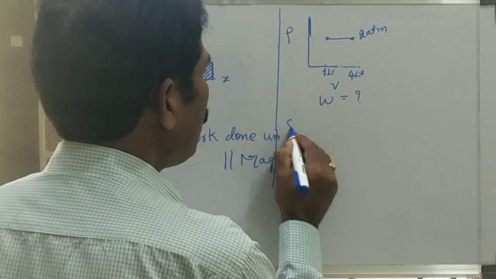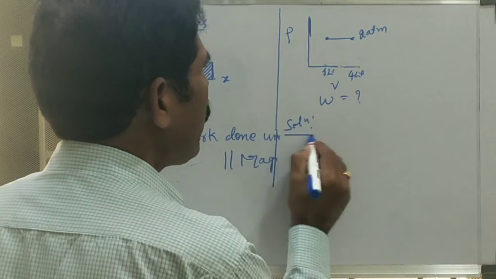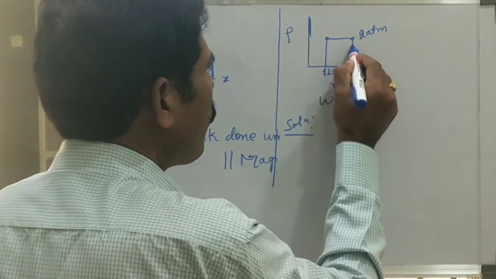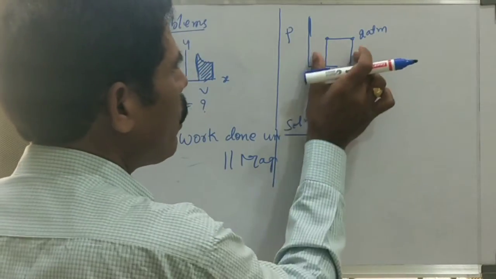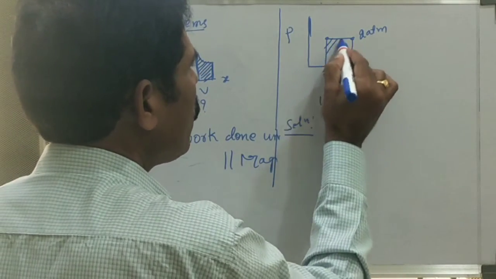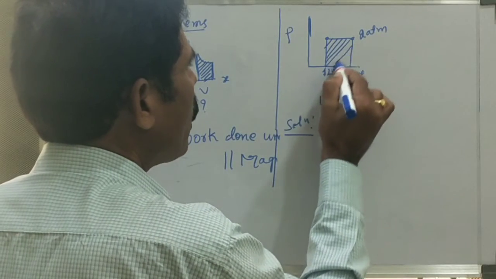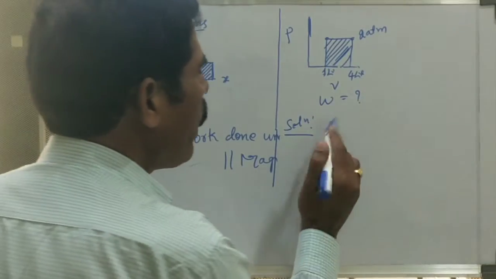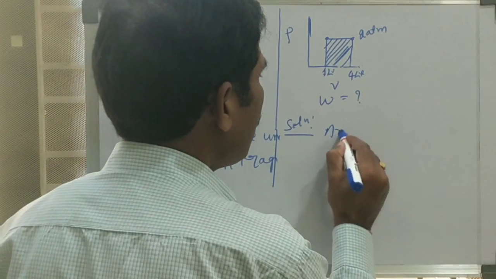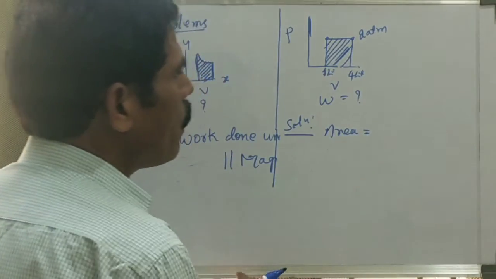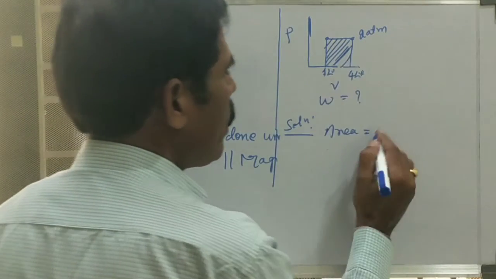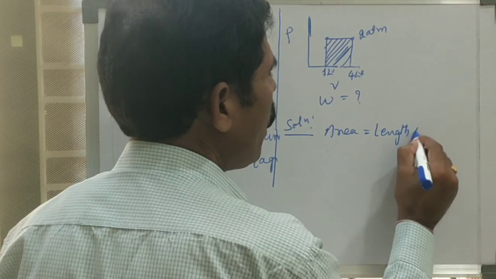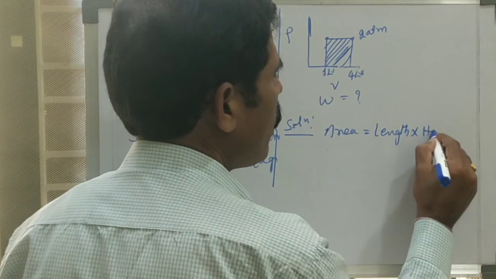During the calculation, you have to draw 2 lines. Then this is the work done under the curve. Now area is equal to length into height.